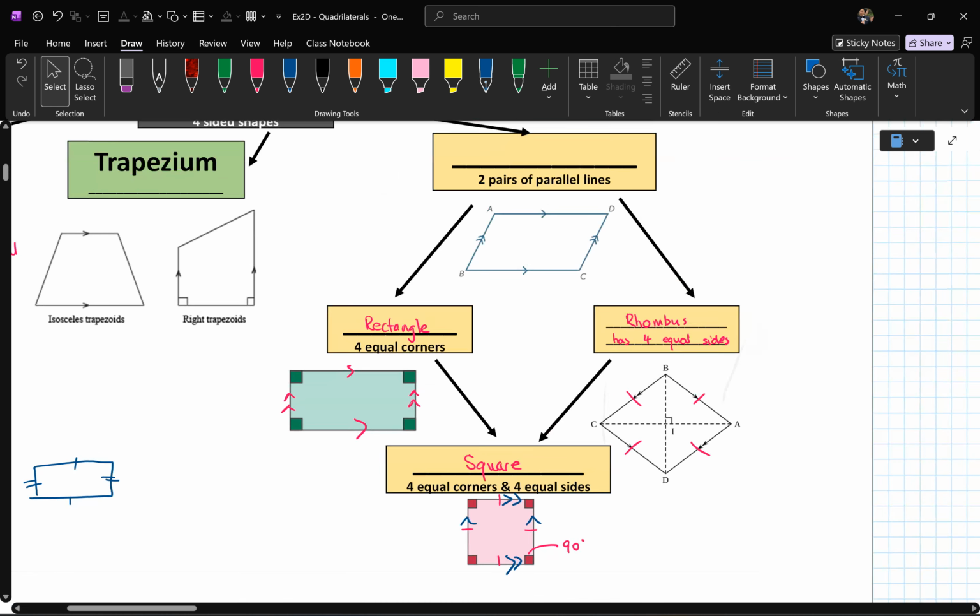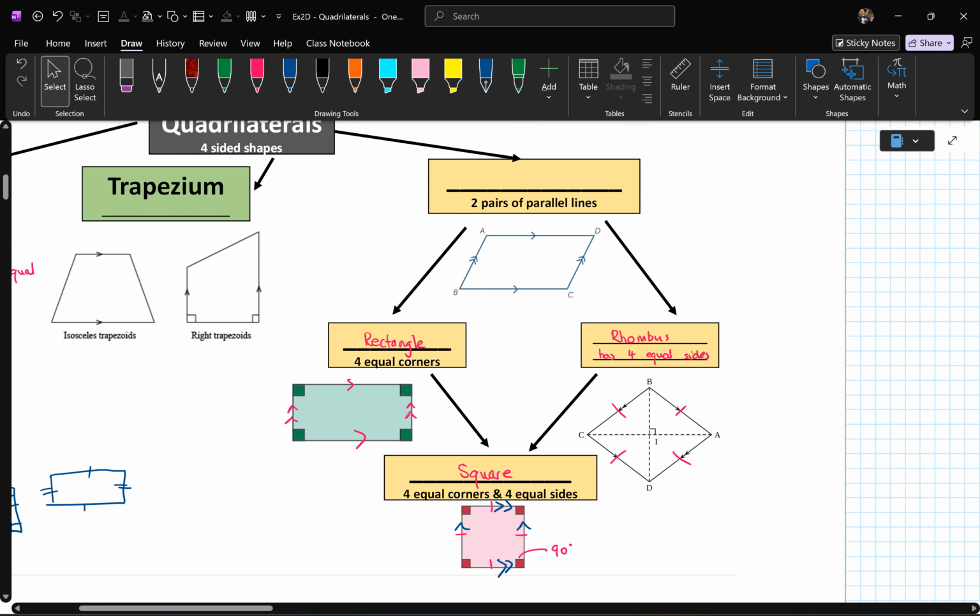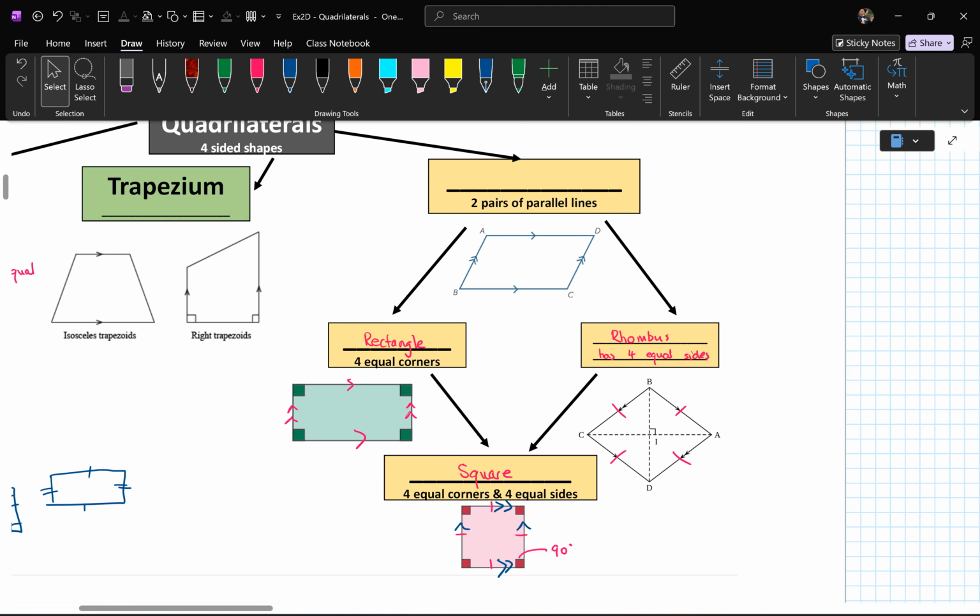So here, under 2 pairs of parallel lines, this one is not a rhombus, not a rectangle, not a square, but starts with P. Anyone know? Parallelogram. And for those who don't know how to spell it, spell parallel first. So that's how you spell parallel. And then ogram.